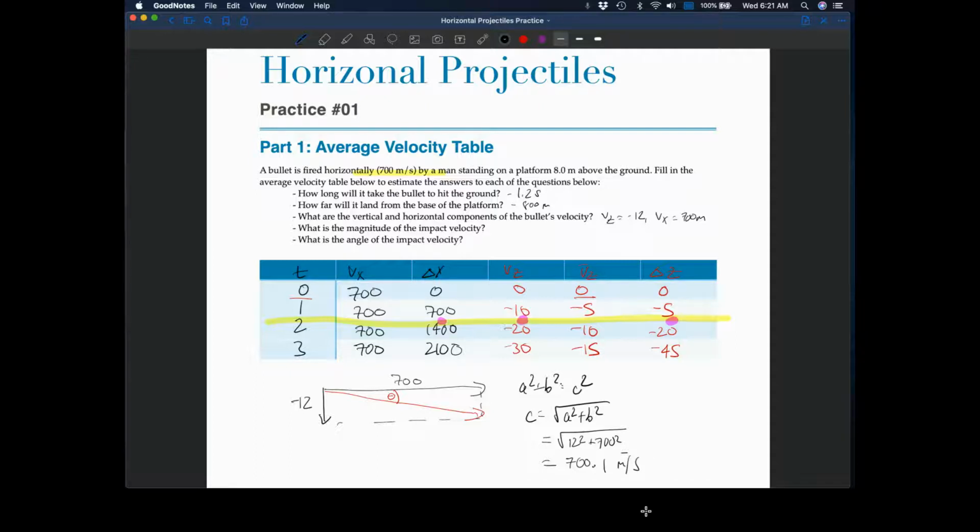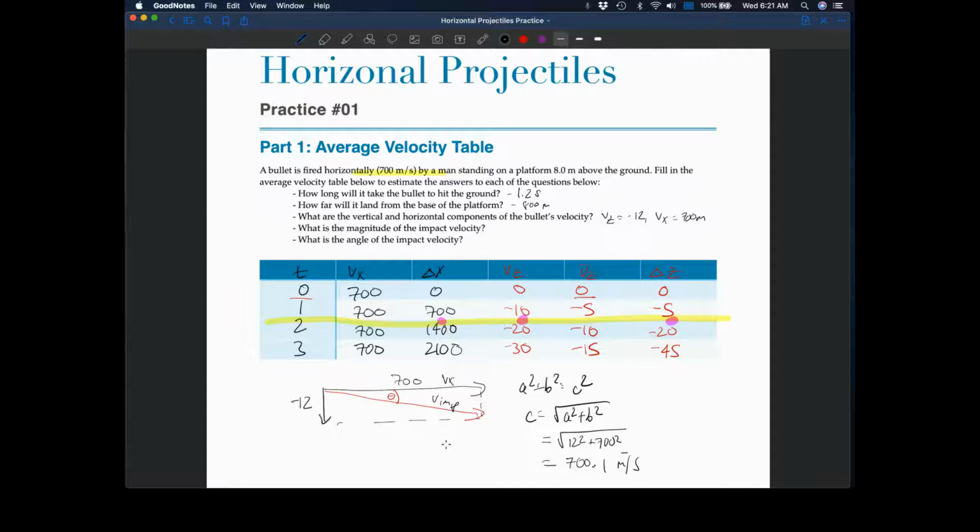And using our significant digits, we wouldn't report beyond 700. So the difference in velocity between the horizontal Vx and the impact velocity is negligible. It's less than our margin of uncertainty in the measurement. But it will be more nonetheless.